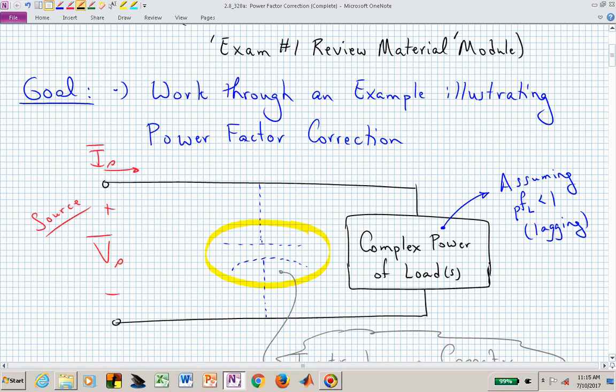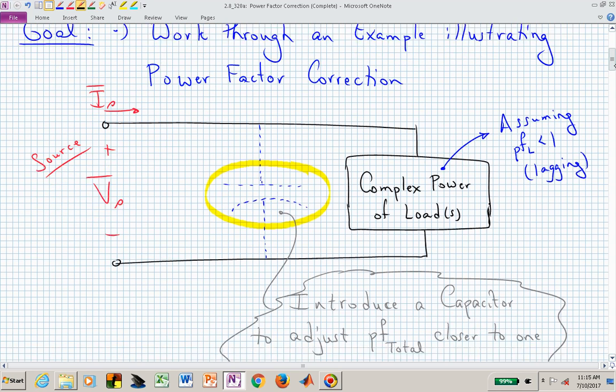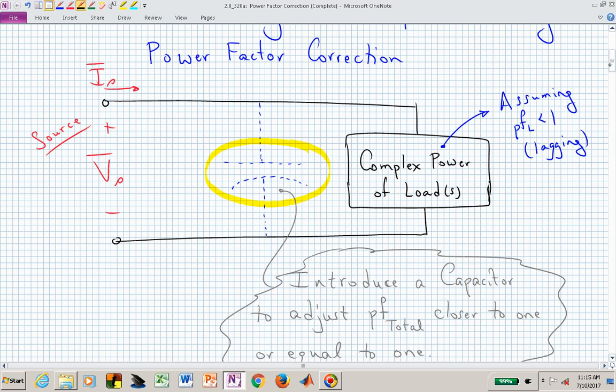Now we're trying to generalize that and talk about how we can introduce another sort of load element, which is this highlighted capacitor in this circuit. In the box is the collection of all of our loads independent of the introduced capacitor.